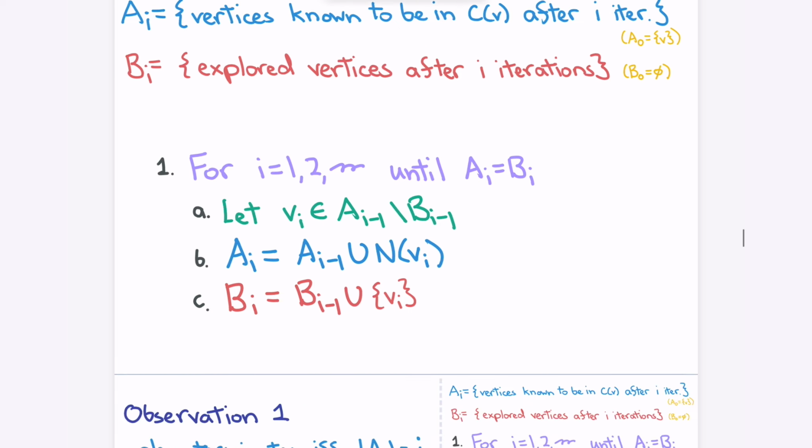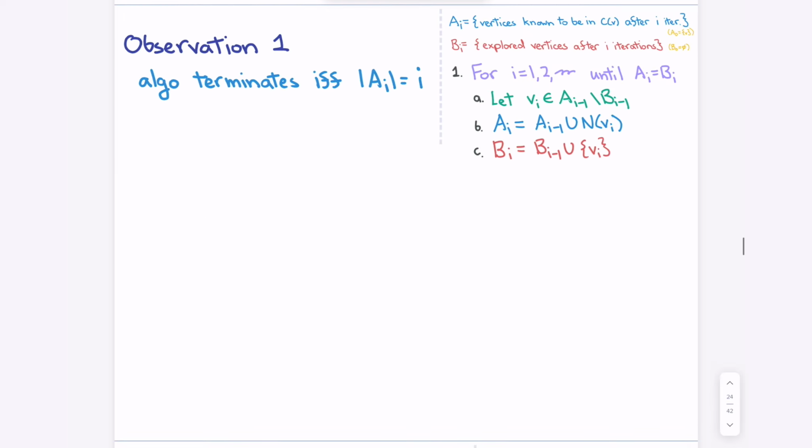So here's the first observation. I have these vertices that I know are connected, A, and then I have B, and I want to just focus on A. Now A is the set of vertices that I know are connected after 10 rounds, 11 rounds, 12 rounds.